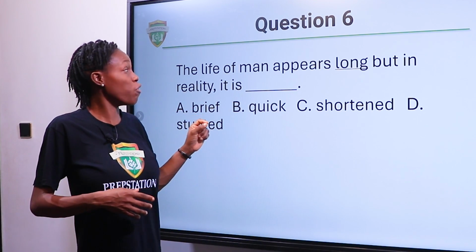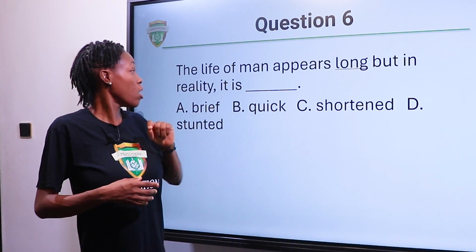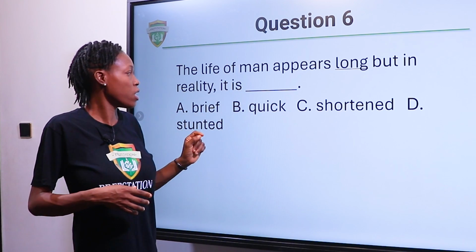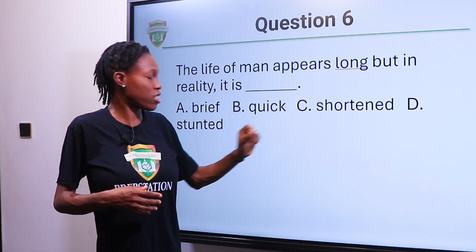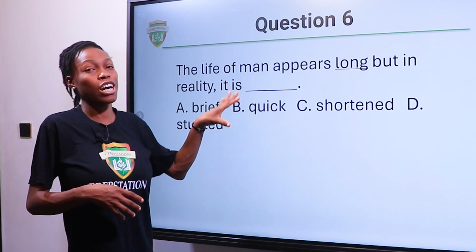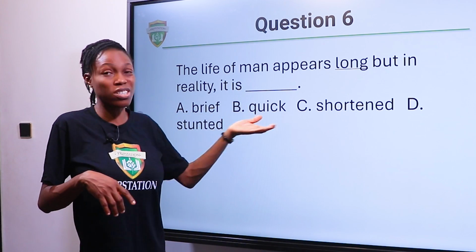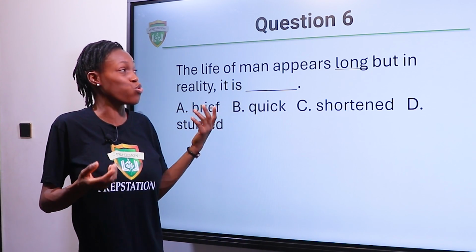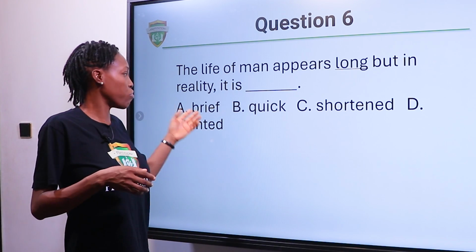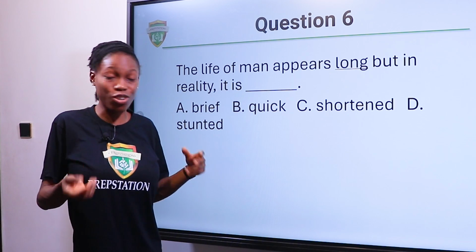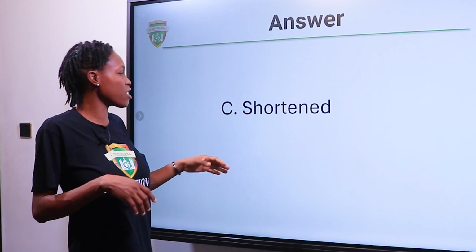The life of man appears long, but in reality it is dash. A, brief; B, quick; C, shortened; D, stunted. Now, in this context, we are looking for the correct word because some of these words are partial synonyms to the opposite of the word. Brief, shortened; quick, depending on the context. So the answer is shortened.